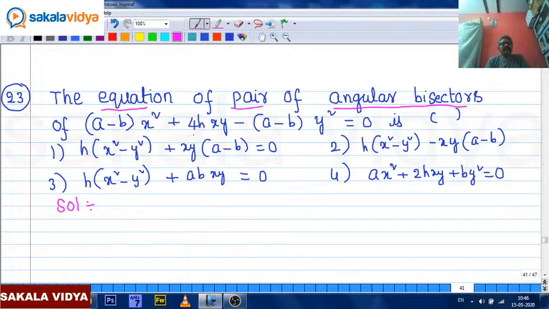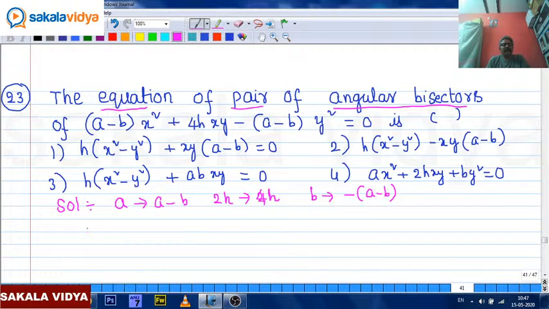Comparing with ax square plus 2hxy plus by square equal to 0, here a stands for a minus b. Next 2h stands for, sorry, 4h. B stands for minus of a minus b.